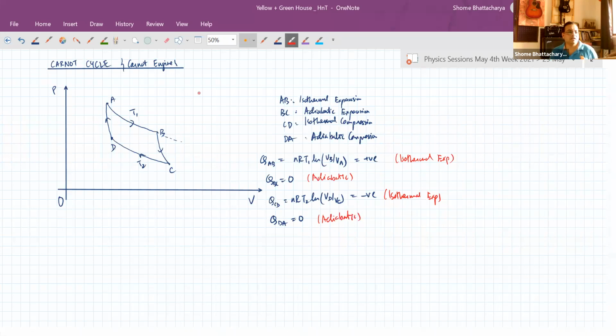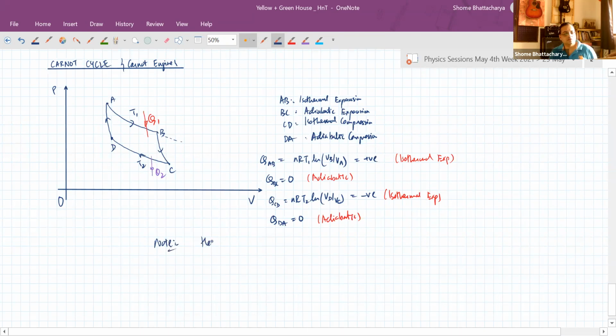So our heat exchange with the source is happening like this, whereas our heat exchange with the sink is happening during this time. So the source and sink are operating at constant temperatures. So the heat source operates at constant temperature T1 isothermally.